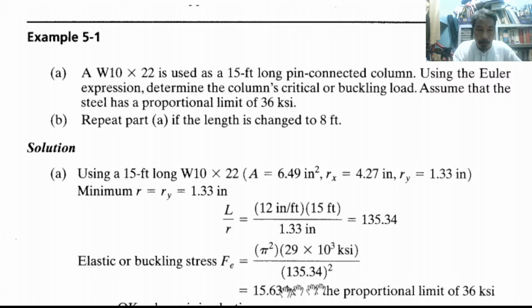So letter B, what about if the length is 8 feet rather than 15? The same material, the same section, but now we are using 8 feet. So 8 feet divided by 1.33 multiplied by the conversion factor 12 gives 72.18. A while ago, we have 135.